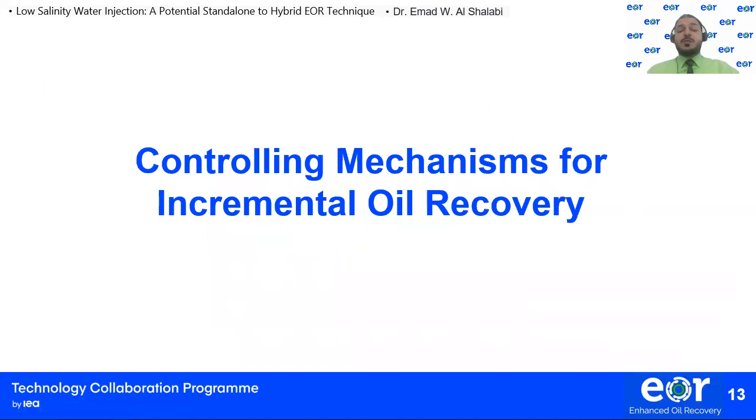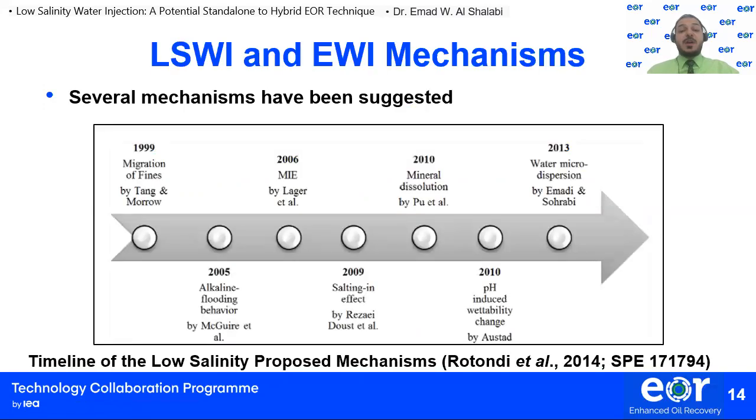Talking about the controlling mechanisms for this incremental oil recovery by this technology, here I'm summarizing one of the figures shared by Rotondi and others in 2014, where we see the evolution of those mechanisms with time.